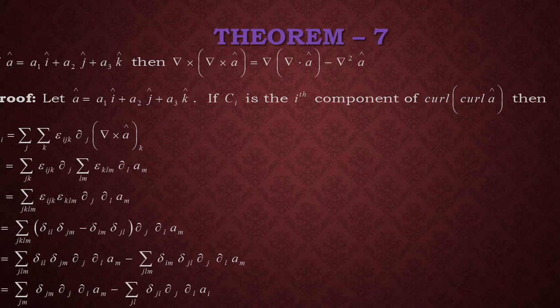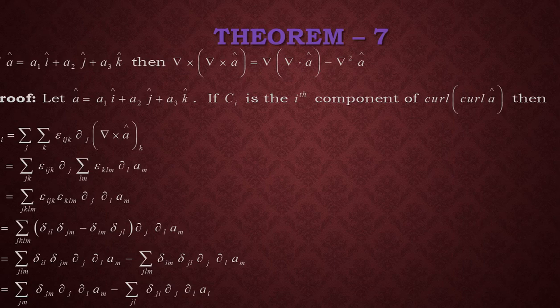Consider our given vector field A cap equals A1 i cap plus A2 j cap plus A3 k cap. We can find out its curl, del cross A cap. Actually, del cross A cap is a 3 by 3 determinant: i cap, j cap, k cap on the first row, dou 1, dou 2, dou 3 on the second row, A1, A2, A3 on the third row.